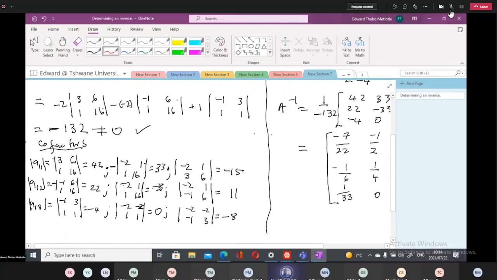These are the processes of determining the cofactors. I've determined 1, 2, 3, 4, 5, 6 by hiding, and my answers were 42, 22, -4, 33, -33, 0, -15, 11, -8.